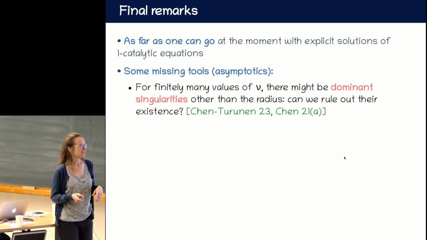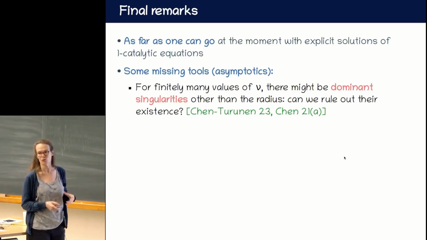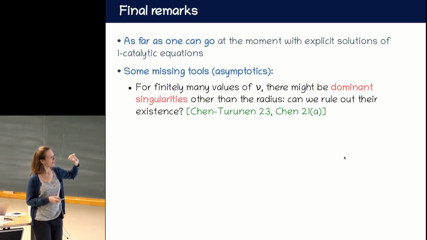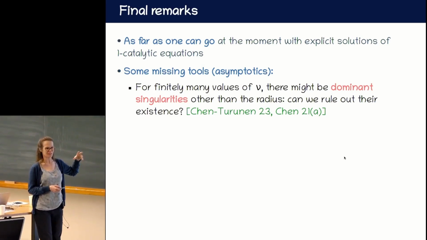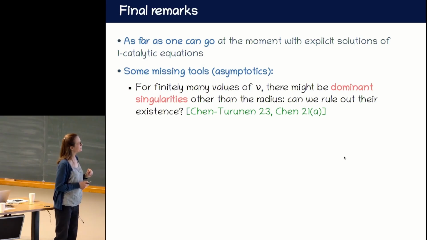And we would like either to live with them and compute the corresponding asymptotics, or to rule them out. And Lin Chao Chen has discussed things like that in several papers. I don't yet completely understand what he did, because he has a very strong condition that another dominant singularity should satisfy. And I would like to understand this better.